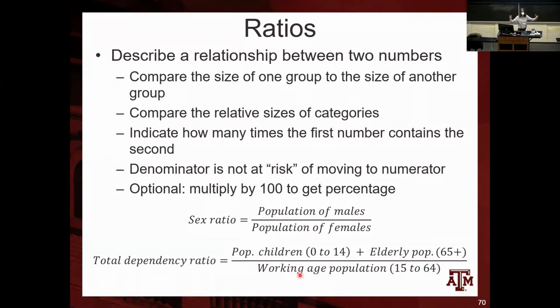If I have too many children and older people relying on the production of the working age population, I might encounter some pressure in my economy, in my society. I will have to build more schools and have a better retirement system with a small number of working age population, proportionally speaking, right? And we can calculate those numbers for several countries over time.